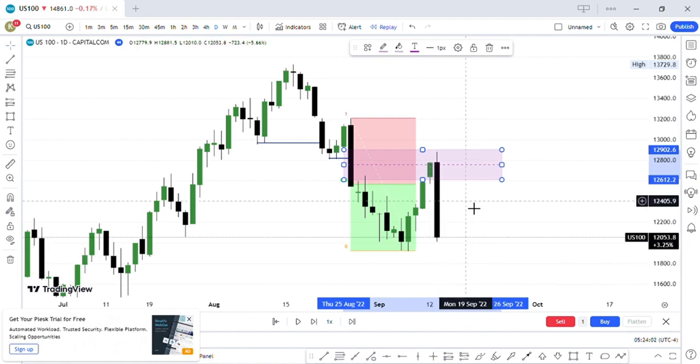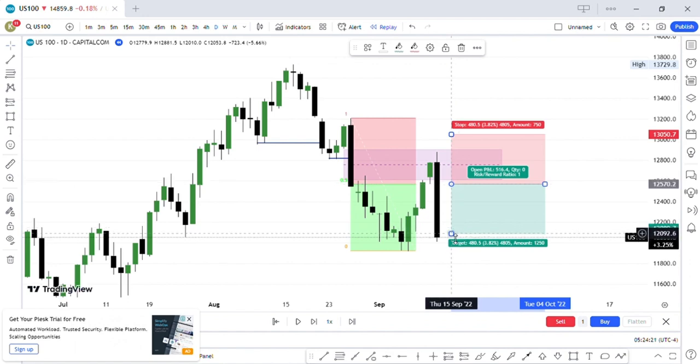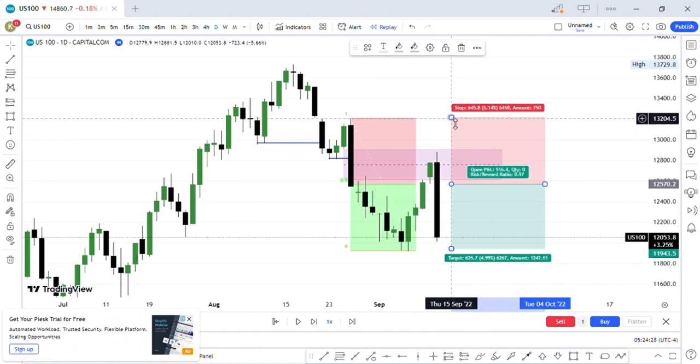The other important aspect of premium and discount is for us to gauge our risk to reward ratio. If you want to sell here, and you say we are selling in premium, if you sell here, target here, and put your stop loss here, you look at your risk to reward is 1.